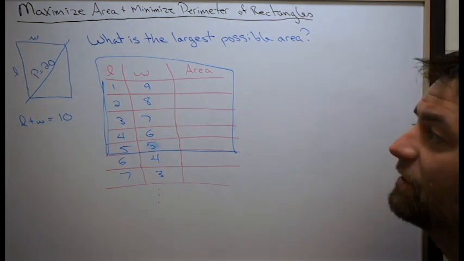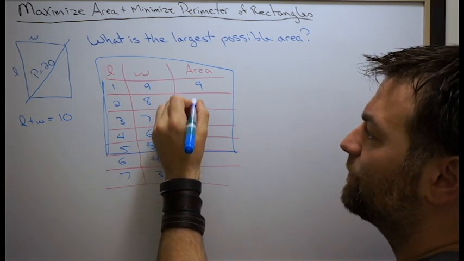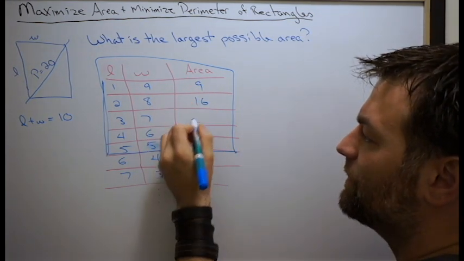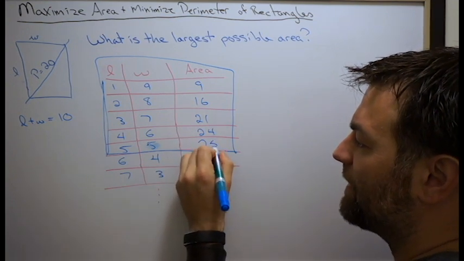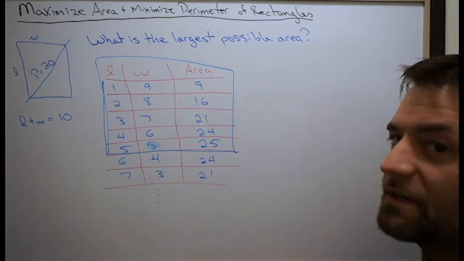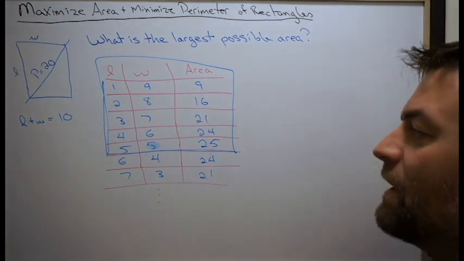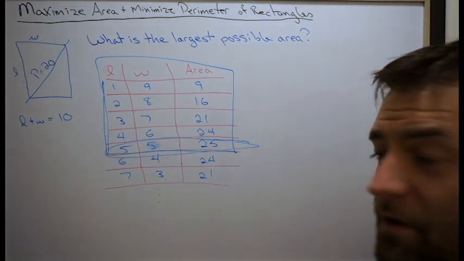If we go through this and take a look, area is just length times width, so we have 9, 16, 21, 24, and 25. Then again the numbers would just continue 24, 21, 16, and 9 in reverse on the way down. So our maximum area is 25.